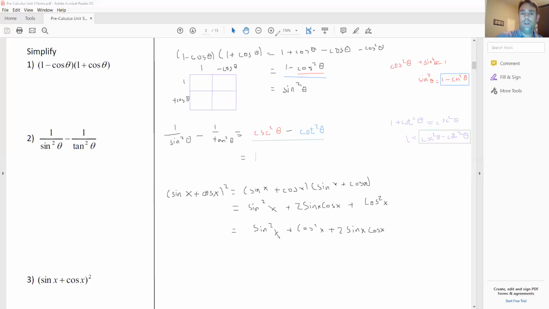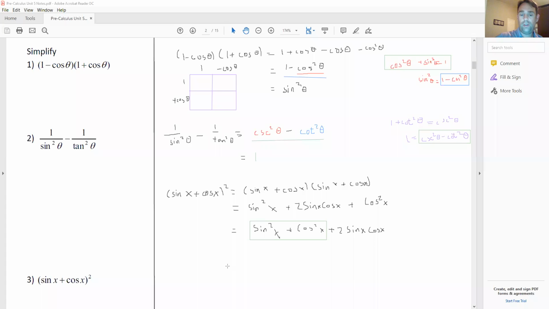So now when I'm looking at this here, friends, I'm asking myself, is there a way that I can make this somehow cleaner? And if you remember back up here, we said that cosine squared x plus sine squared x equals 1. So that's just a big giant 1 right there.